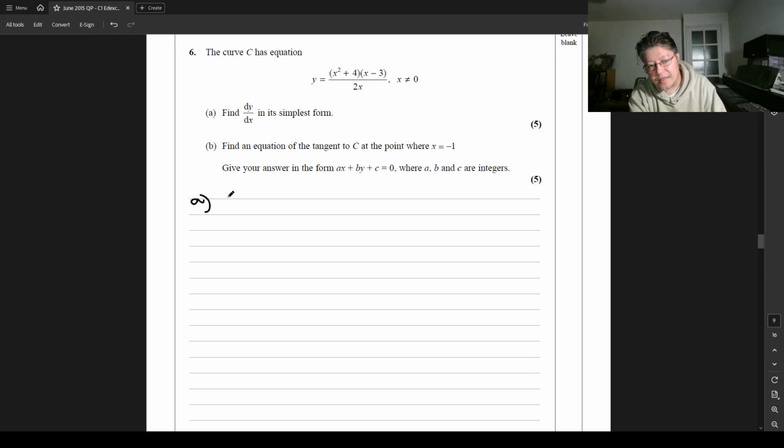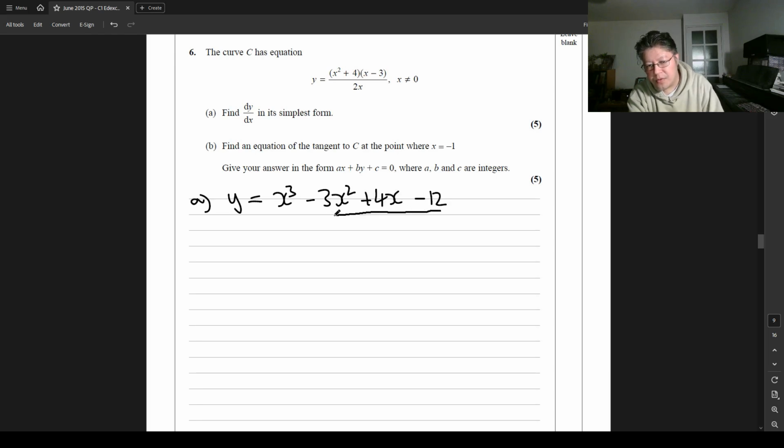So let's see. So y equals, let's just expand the numerator. So x squared and x is x cubed. Then we have the outer term, which is minus 3x squared. The inner term is plus 4x. And the last term is minus 12.